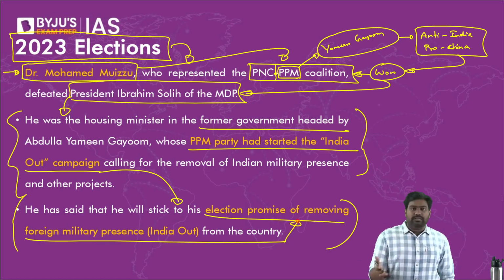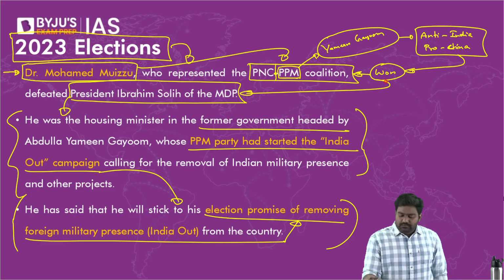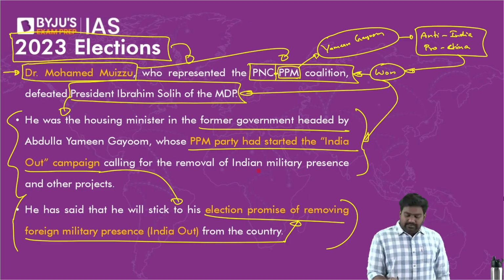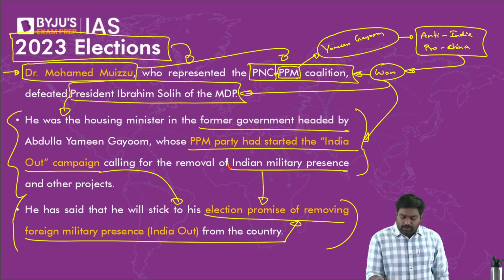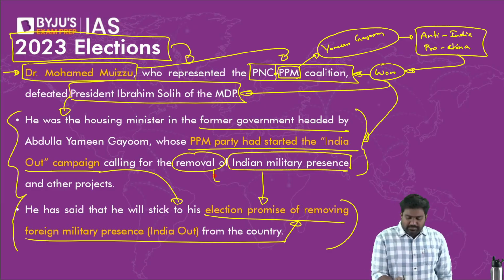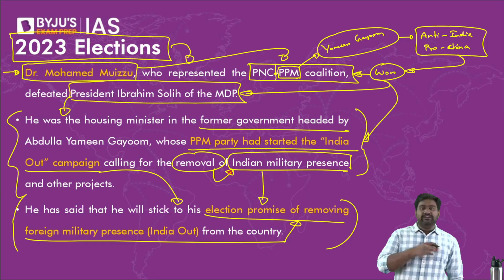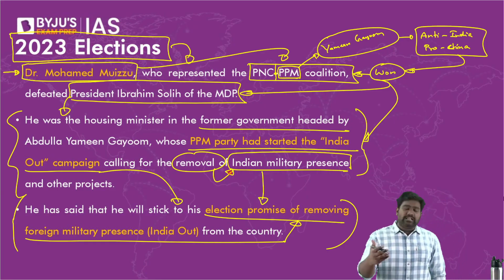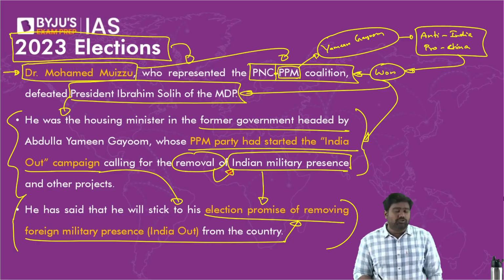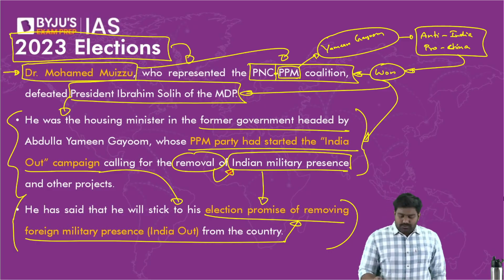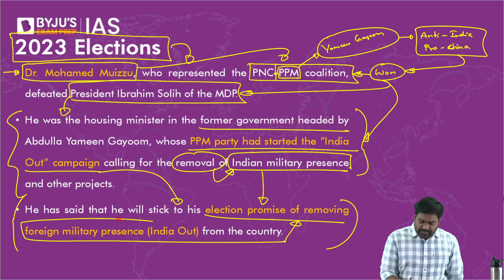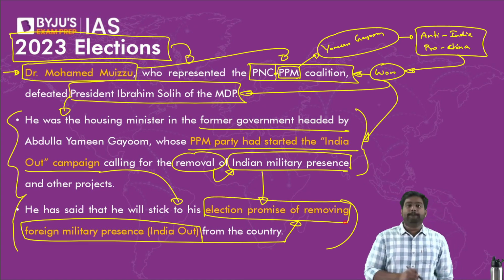Even after the results came out, after his victory was declared, he gave an interview where he said that he will uphold his electoral promise of removing Indian military presence, meaning Indian troops will be sent back and India might be asked to take back the aircraft, helicopters and naval vessels we have gifted to Maldives. So the India Out campaign has become a major concern for India.